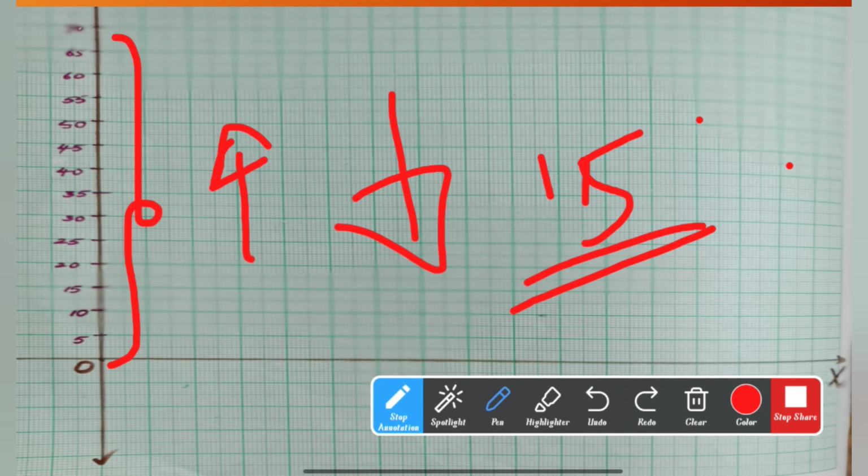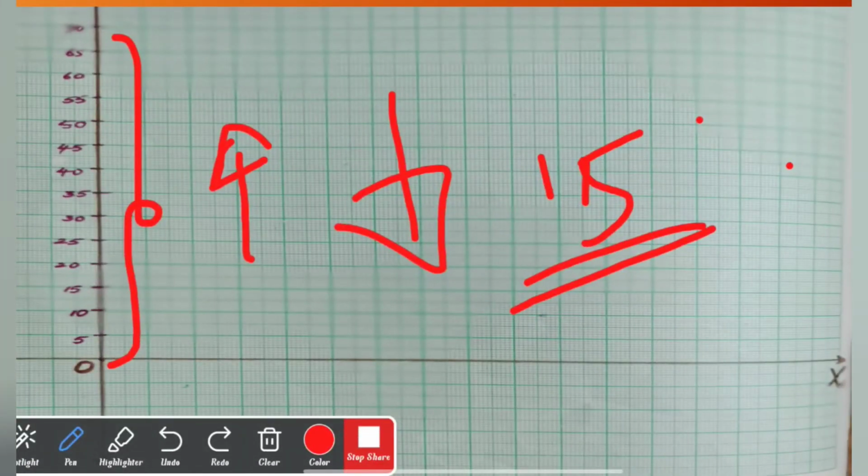We can locate 15 points in our graph sheet, but the question may have hundreds or thousands. For that purpose, each box should be numbered based on our required numbers.